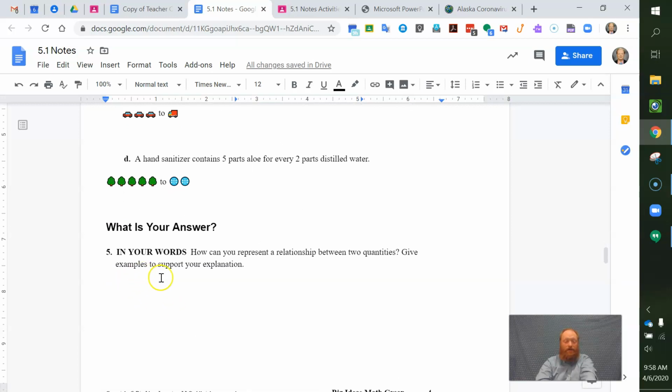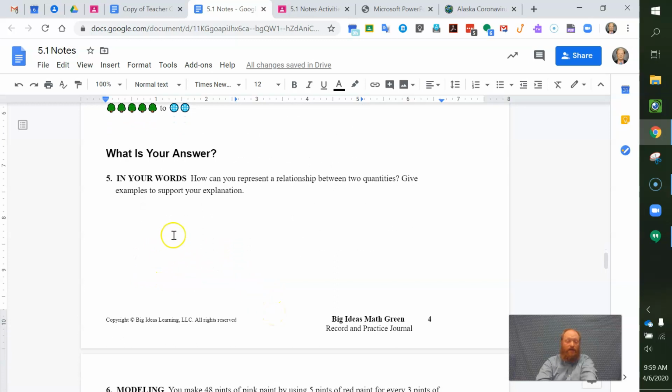In your own words, how can you represent a relationship between 2 quantities? Give examples to support your explanation. All right, so we can represent quantities using numbers and pictures.